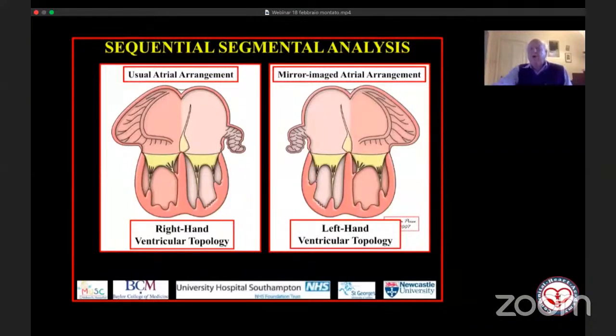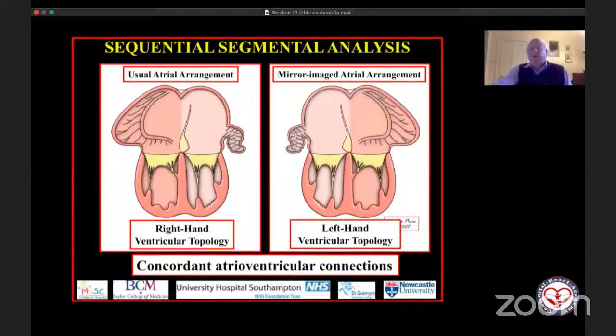Now, what we also emphasized last time is that this is what we now call concordant atrioventricular connections. We do not use anymore the term atrioventricular concordance, because that, for Dr. Van Praagh, was segmental harmony.